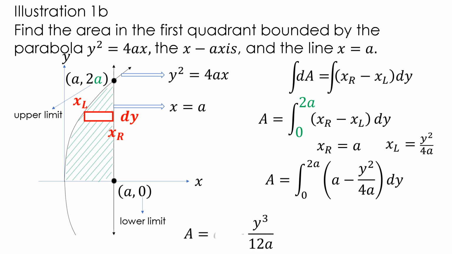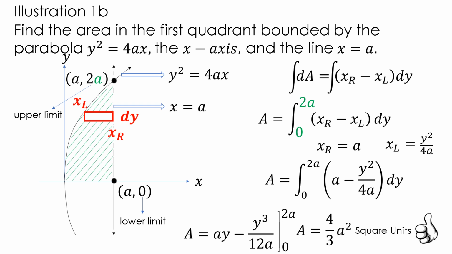Integrating, we get the area to be equal to ay minus y cubed over 12a with limits from 0 to 2a. Evaluating further, we get a final answer of 4 over 3 a squared square units.